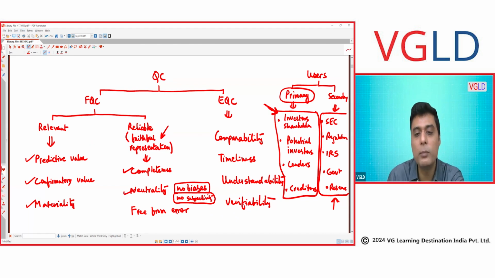Freedom from error does not mean arithmetical accuracy. Freedom from error here means the correct selection and correct application of accounting principles.